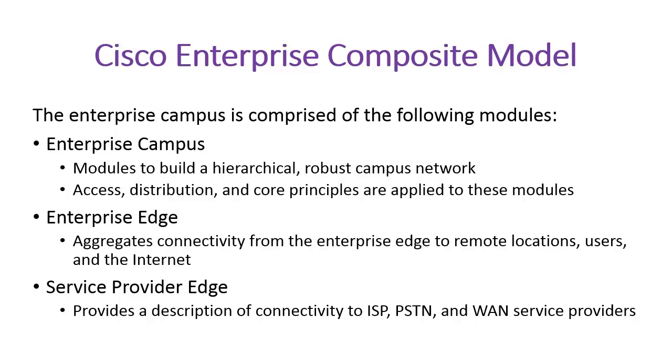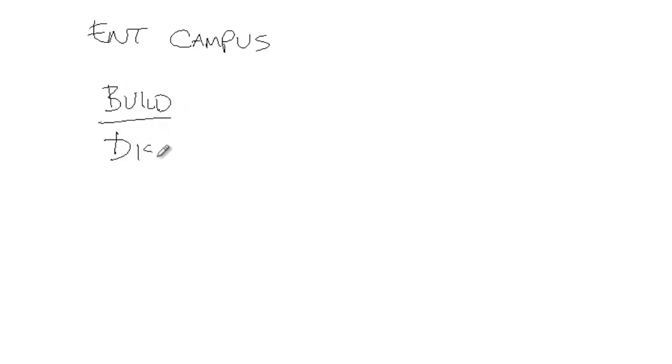Let's dig into this a little bit deeper. Let's draw this out so we can get into the weeds a little bit. So first thing you have is your Enterprise Campus network. We talked about core, distribution, and access in, for example, a building. Here, let's say in this situation, we have distribution switches, core switches, and obviously we'll have access switches as well, and they're serving, let's say, a server farm for end users.